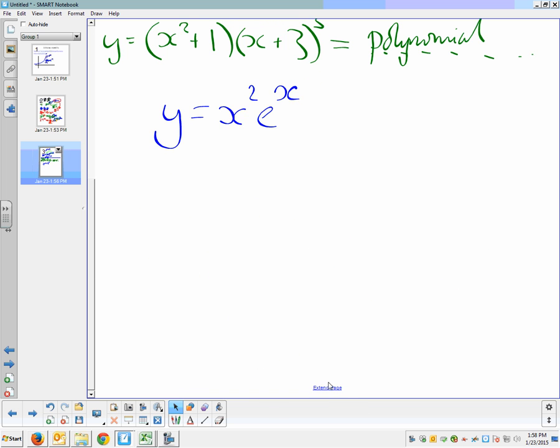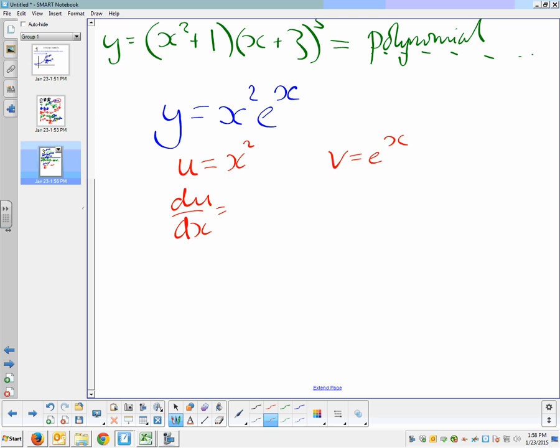So, just as a quick reminder, and you've got to stay in the habit of doing this, write down what u and v are, write down what du by dx and what dv by dx are, and then plug into the formula u dv by dx plus v du by dx is equal to dy by dx. So this is just serving as a reminder, really.